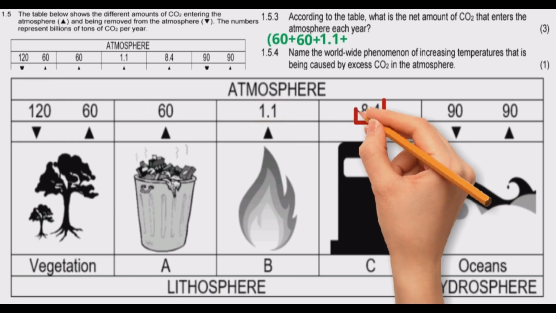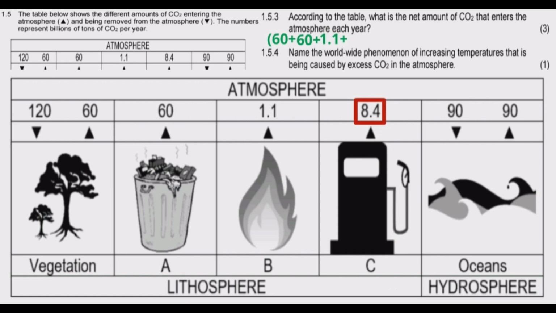Then here it is adding 8.4. And then the hydrosphere is also adding 90, so I'm going to write plus 90 there. As you can see, I've put them in brackets. This is what is being added into the atmosphere. Now let's see what is being taken out of the atmosphere.